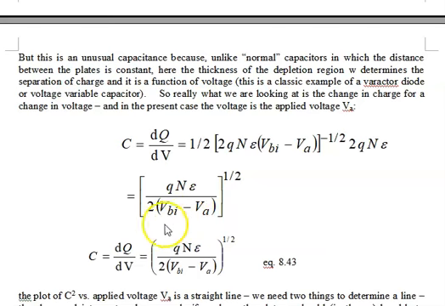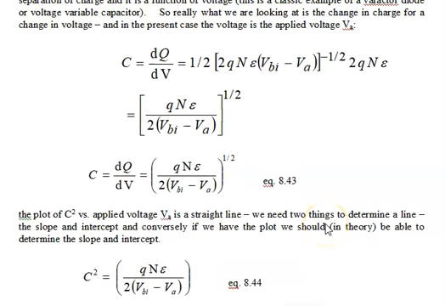So basically this is just algebra here. That's not very difficult. And I get finally the expression for the capacitance is equal to qn epsilon divided by 2 (VBI minus VA), all of it to the 1/2 power. Well, it's not terribly convenient here. So what I do is I square both sides. That gives me a linear relationship, but what I'm going to be plotting, this will be the independent variable, this will be the dependent variable.